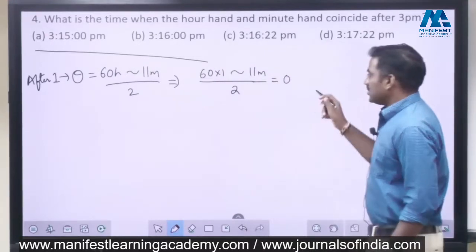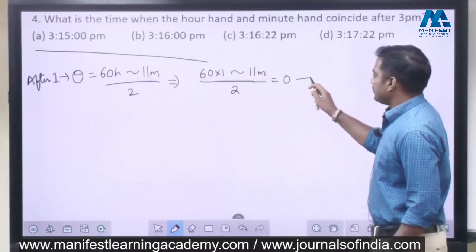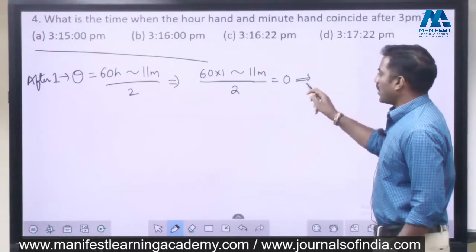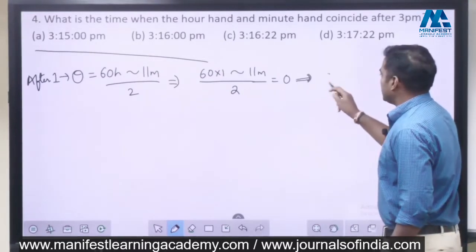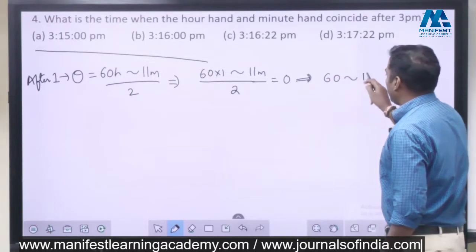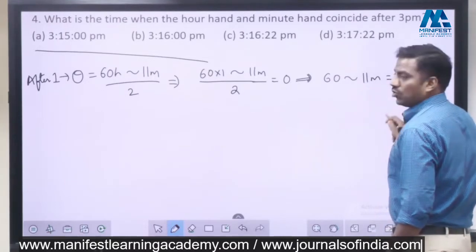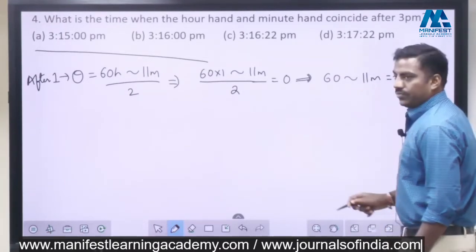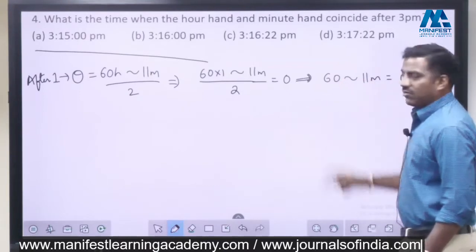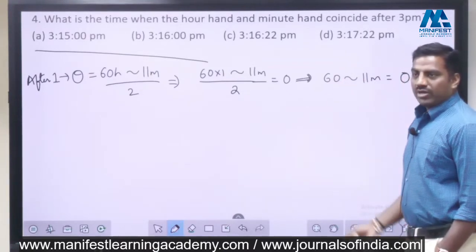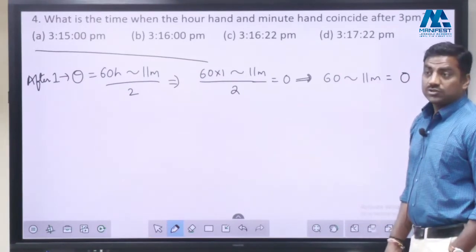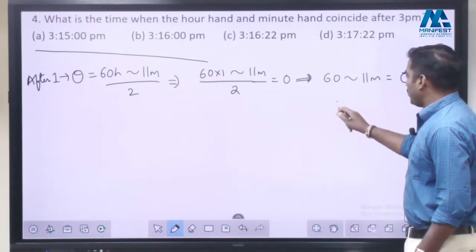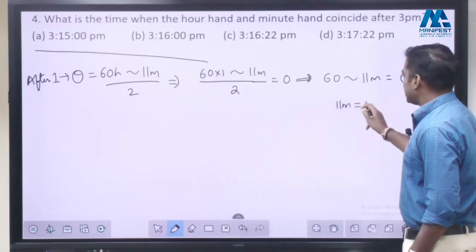Now, 2 will go across, it will become 0. The difference between 60 and 11 M is equal to 0. So these two have to be equal when the difference of these two terms is 0. 11 M should be equal to 60.